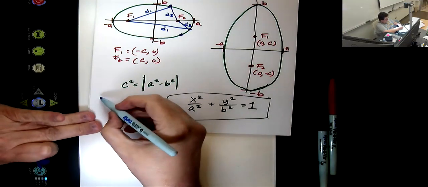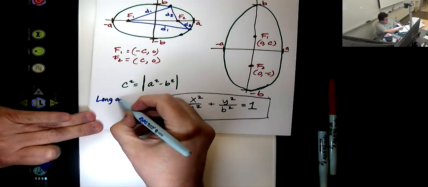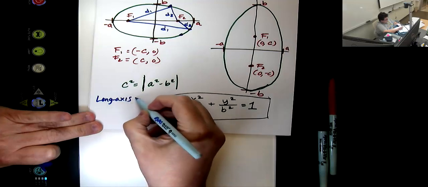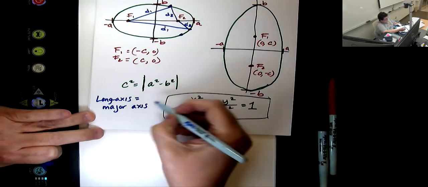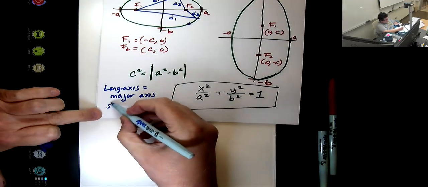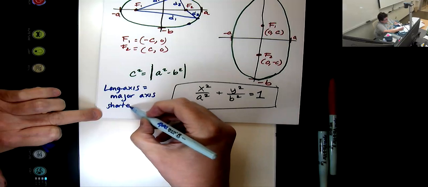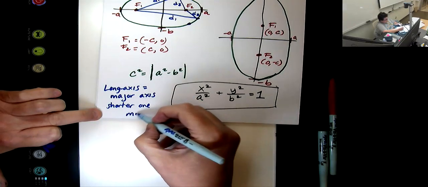So the long axis is called the major axis, and the short side, the shorter one, is the minor axis.